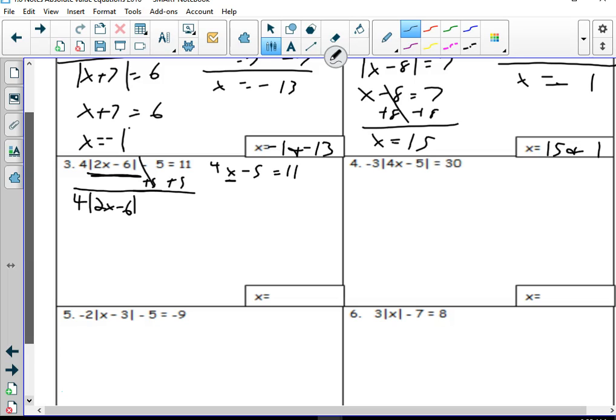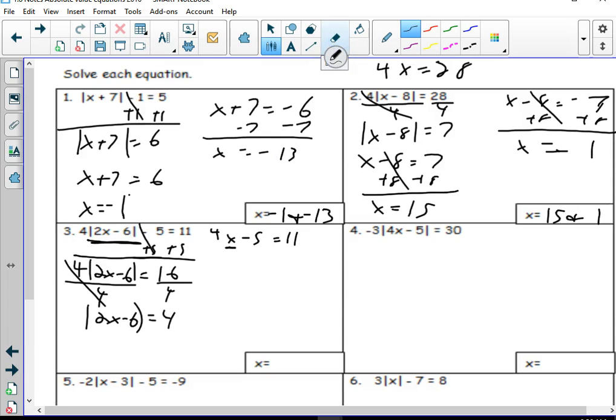Only thing that changed was I got rid of the 5. Now what am I going to do? Like you said, divide by 4. Does that leave me 2x minus 6? No. It leaves me absolute value of 2x minus 6 equals 4.